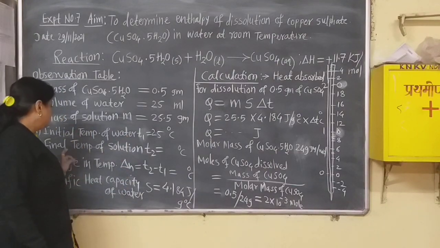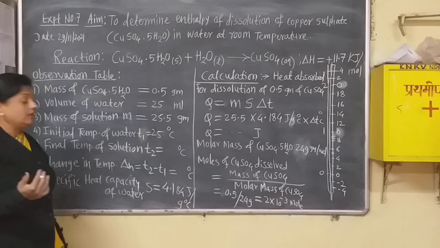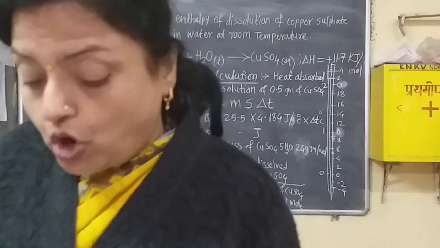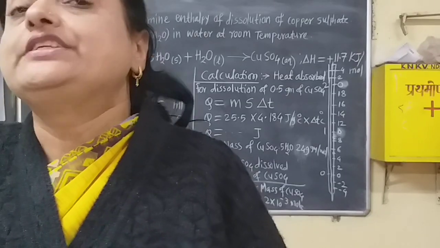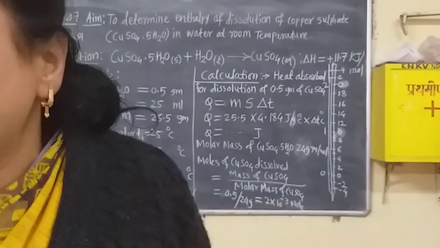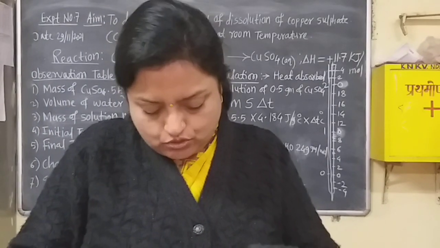Now the final temperature we have to find out by adding the 0.5 gram of copper sulfate, which is already measured. Now take this 0.5 gram of copper sulfate.